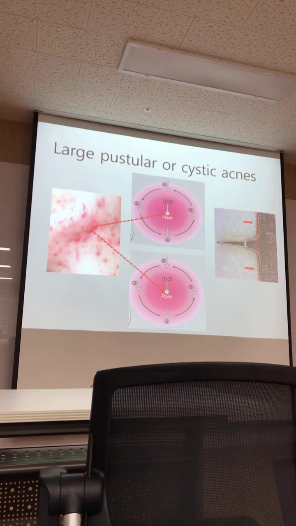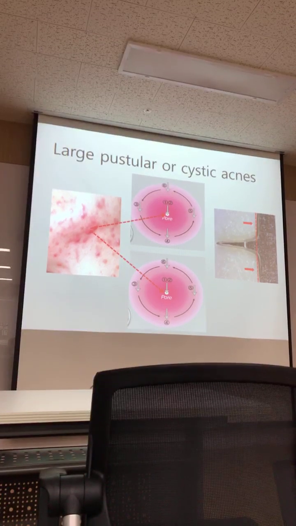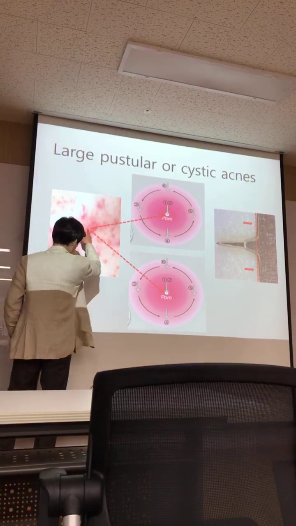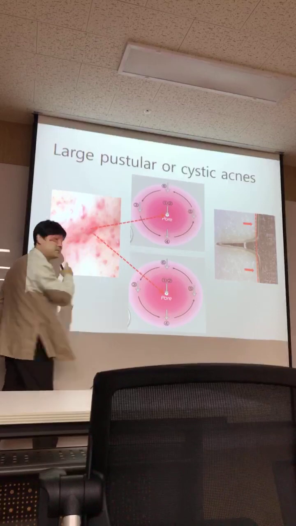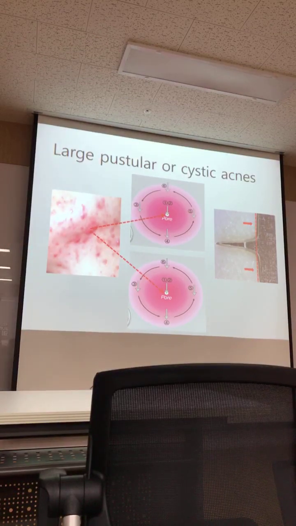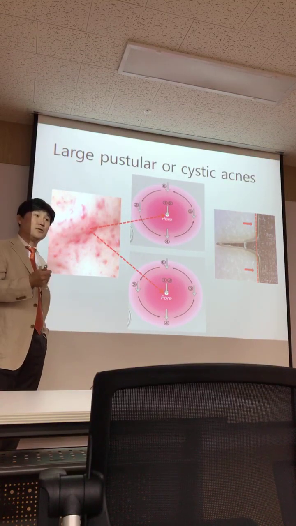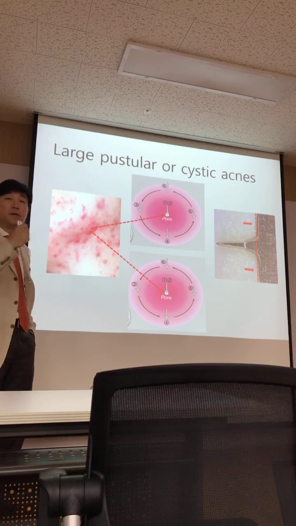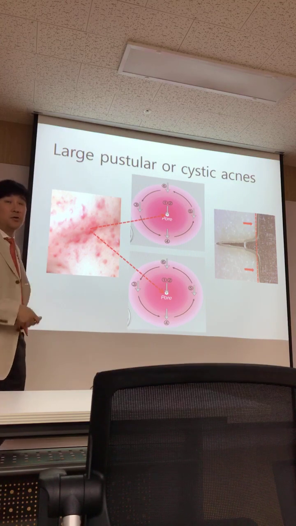In some cases, with a large acne pimple, like cystic type acne or severe acne, if you look very carefully, we can see multiple pores. At this time, we just treat pore by pore with the same protocol.